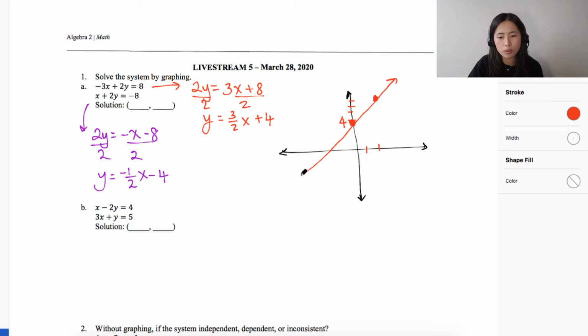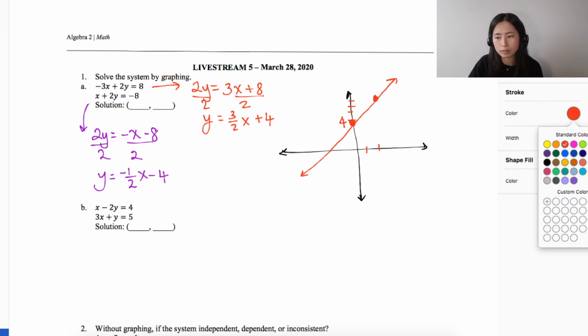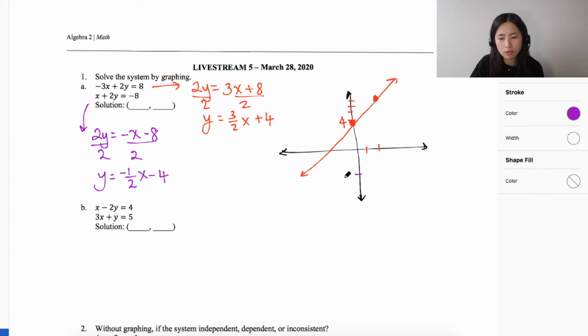Okay, great. Once we have that, let's plot the purple equation. This is negative 4, so that's somewhere here. We have to rise by 1, run of 2, so it's 1, 2, and we need to go up by 1. So this is negative 3, and this is negative 2.